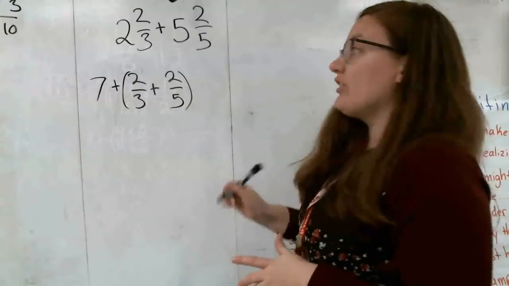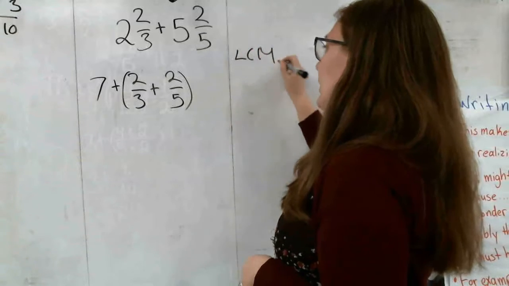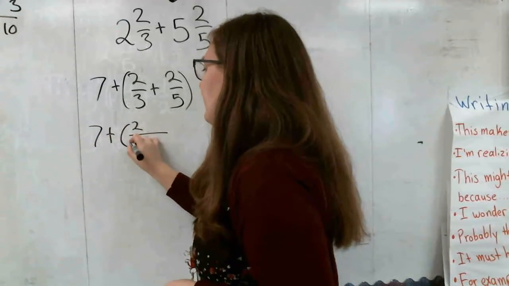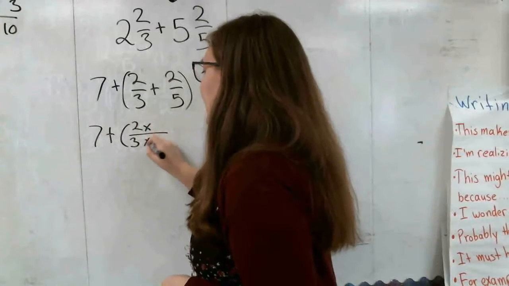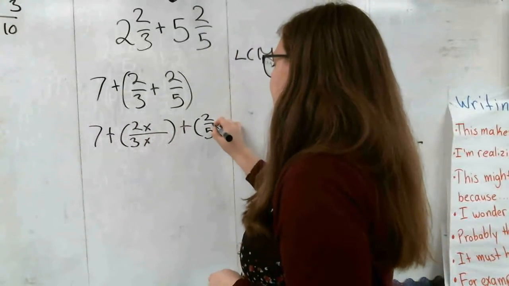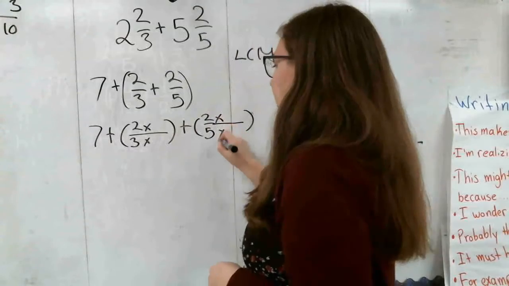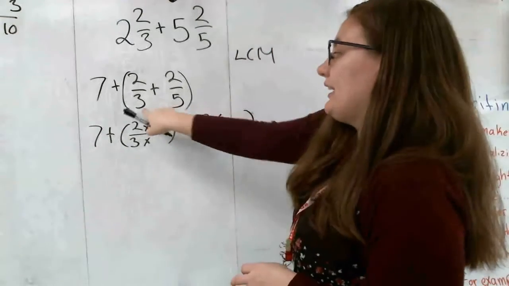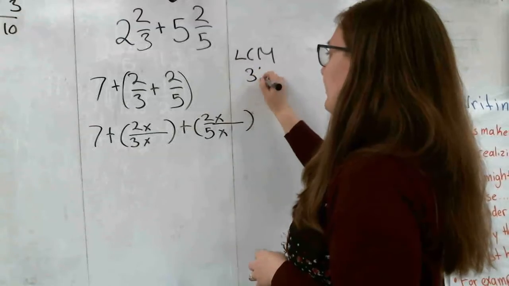But before I continue, I'm going to find that LCM so I know what I'm going to be multiplying each of my fractions by, so I can create those equivalent fractions. So we're going to have something that looks like that. And now we're going to find the LCM of 3 and 5.